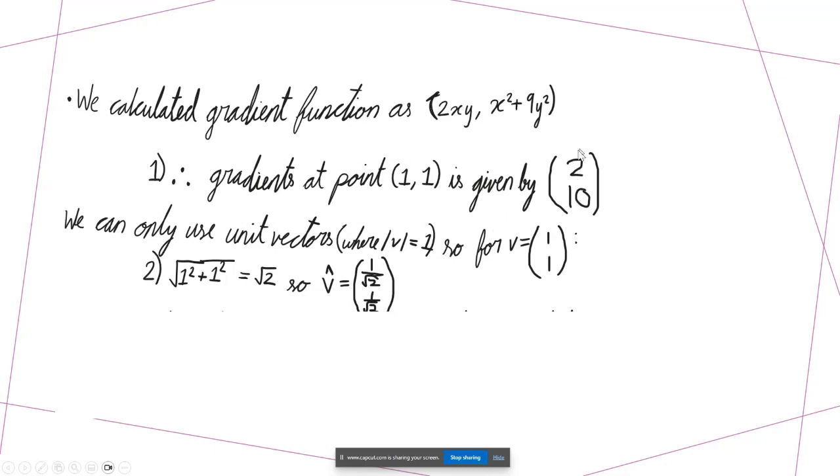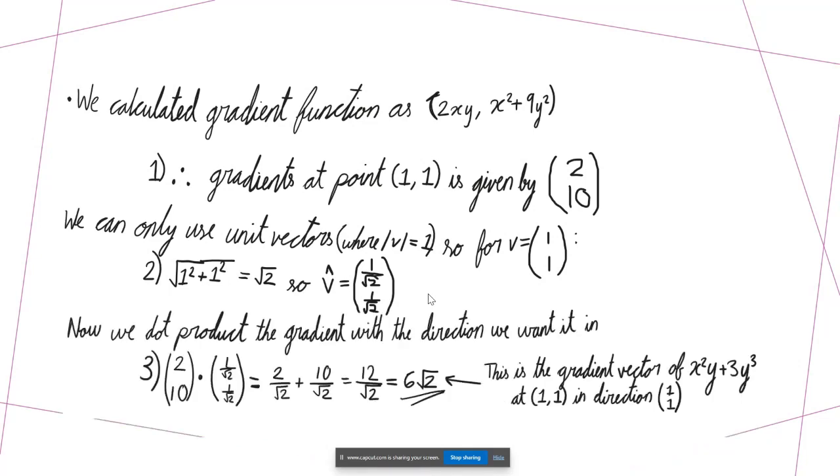This is a standard result at (1, 1), and we use it to calculate the gradient in any direction from (1, 1). We're talking about the direction (1, 1) in particular. What we have to do is, as Sid said correctly, take the dot product of the unit vector with the gradient vector. So here we have it, guys: we dot product the gradient with the direction we want it in.